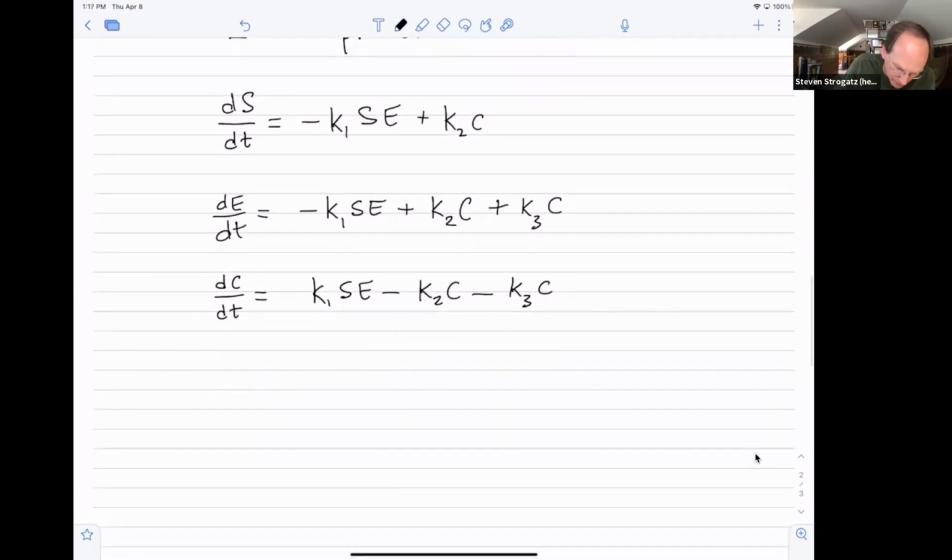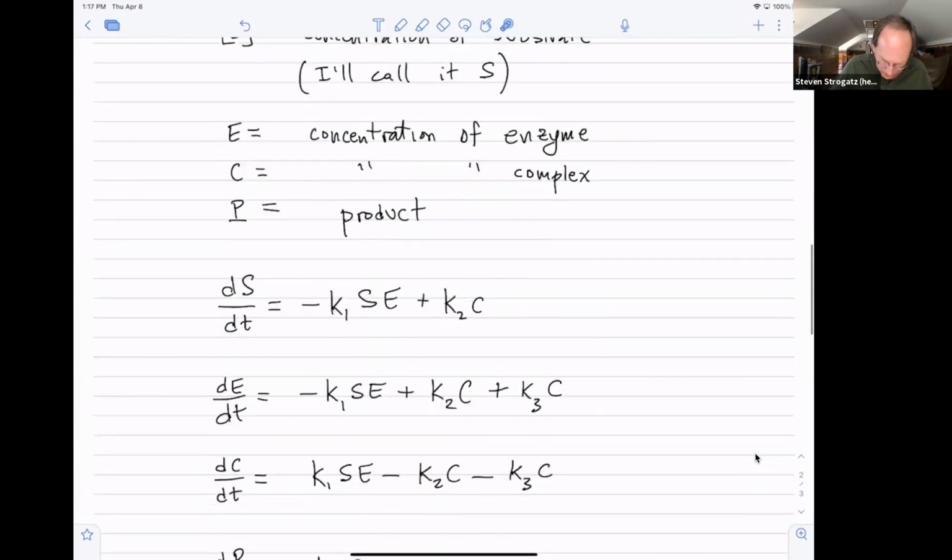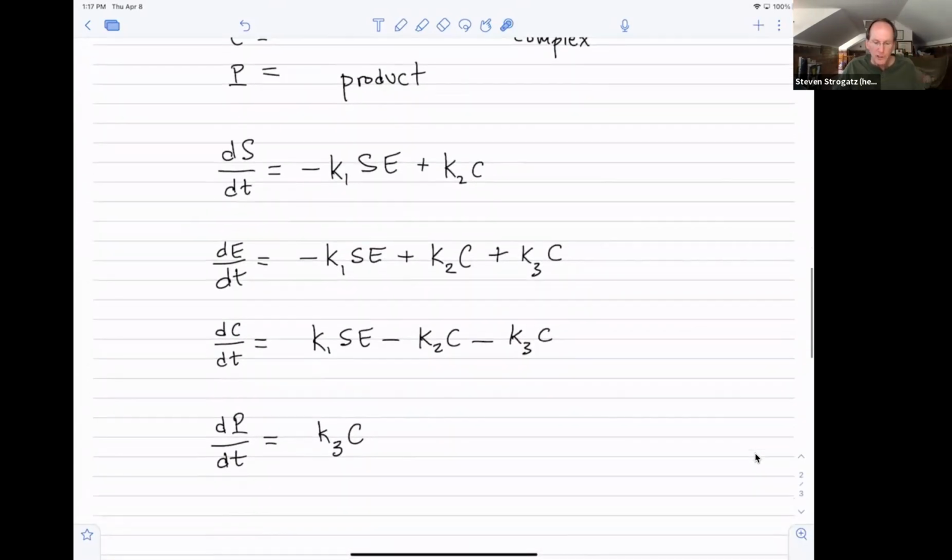And finally, the product, capital P, gets formed at a rate K3C, where that's because the only way we can get product, by the way, this last reaction is irreversible. It only goes this direction. So the only way we make product is from C, from the complex. Okay, so there's a little system of 4 coupled ordinary differential equations.